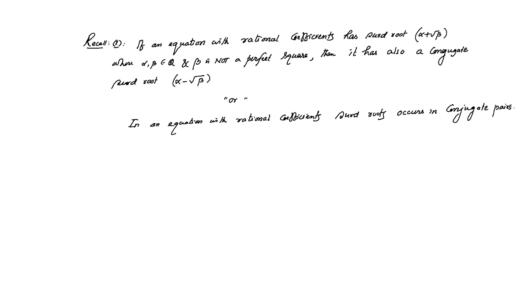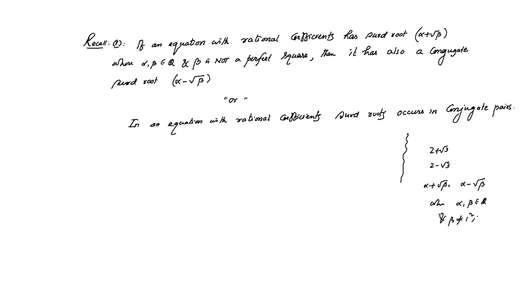That means in an equation with rational coefficients, if 2 plus root 3 is a root, then 2 minus root 3 is also a root. So alpha plus root beta and alpha minus root beta, where alpha and beta are rational and beta is not a perfect square.